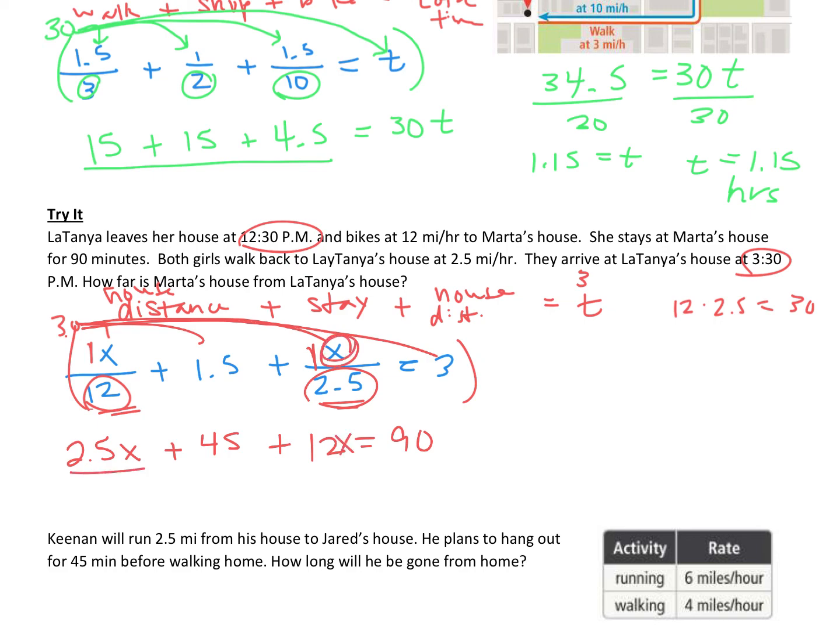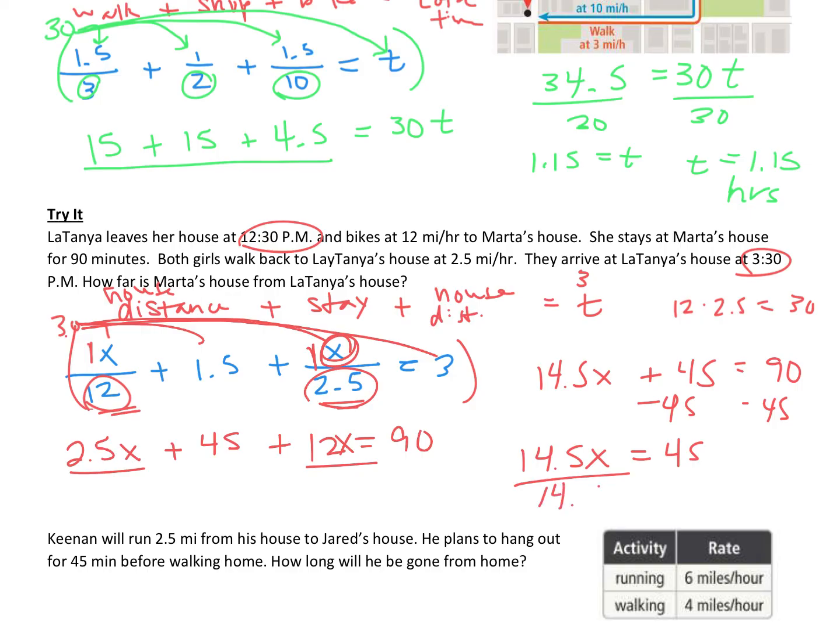All right, combine like terms. You have 2.5x plus 12x gives us 14.5x plus 45 equals 90. To solve, we're going to subtract 45 from both sides. 14.5x equals 45. Divide both sides by 14.5.